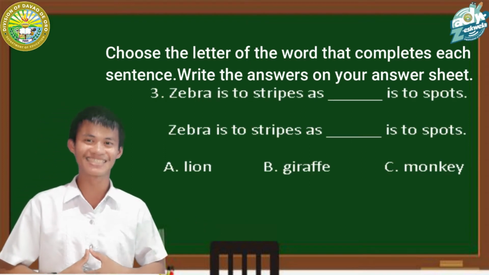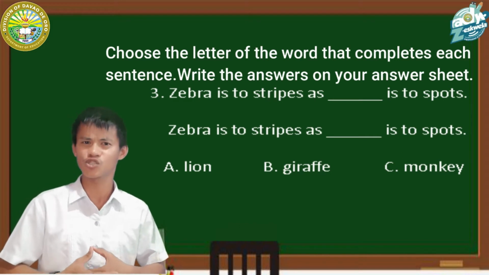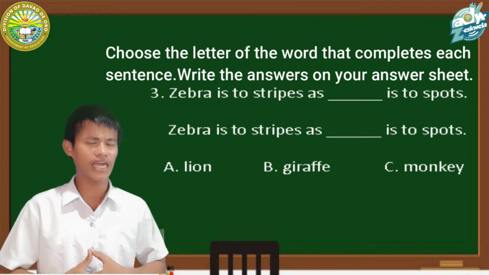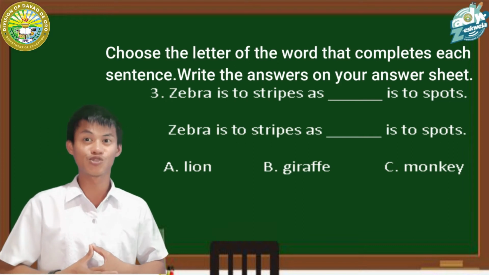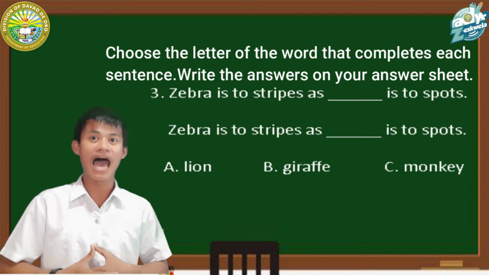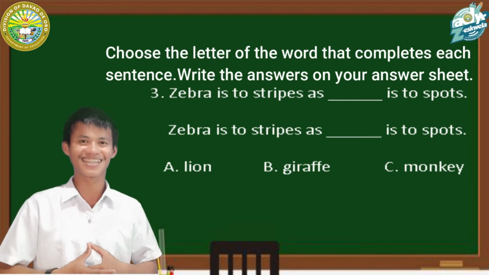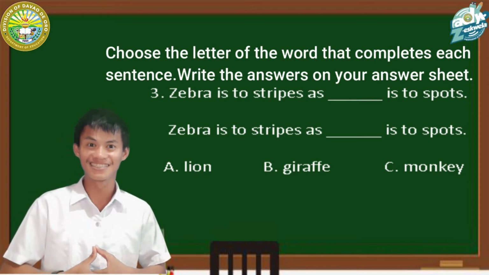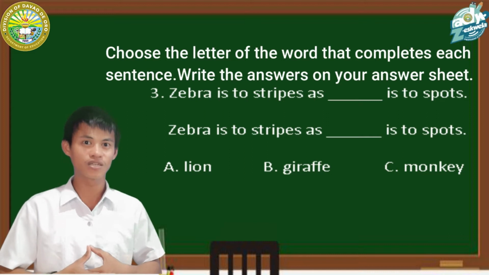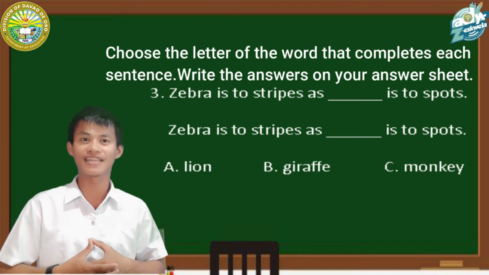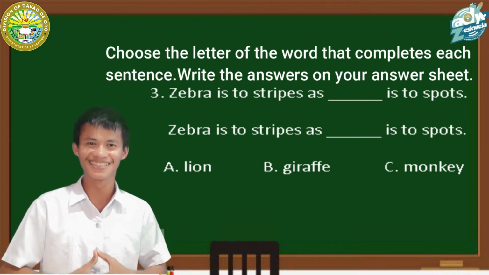Number 3. Zebra is to stripes as blank is to spots. Letter A, lion. Letter B, giraffe. Letter C, monkey.